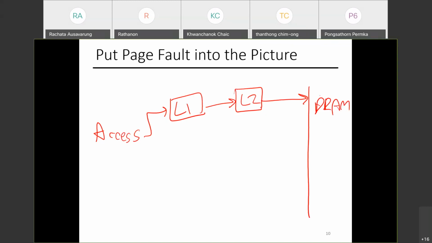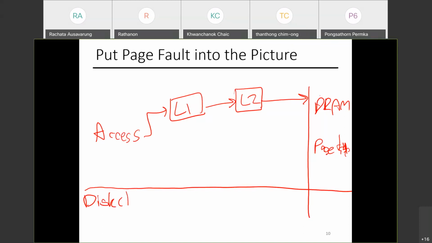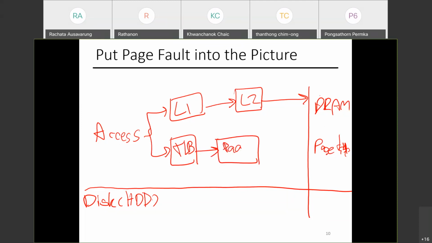And on DRAM, you also have the page table. And I'm going to draw this area, as I said, on the disk, the hard drive. Over here, you go to the TLB. So these are all the same content as the previous slide. Let's put everything together, right? And this is the page walk.